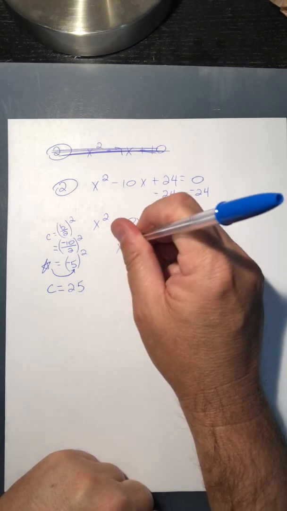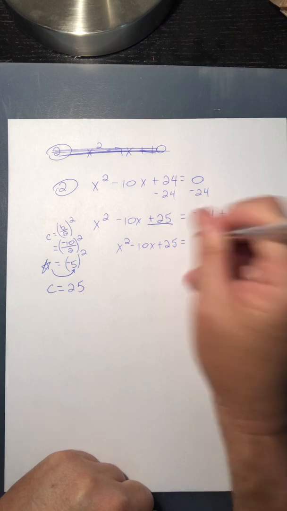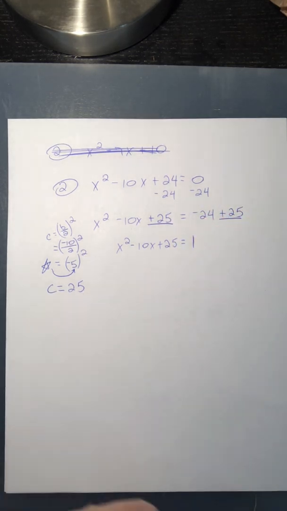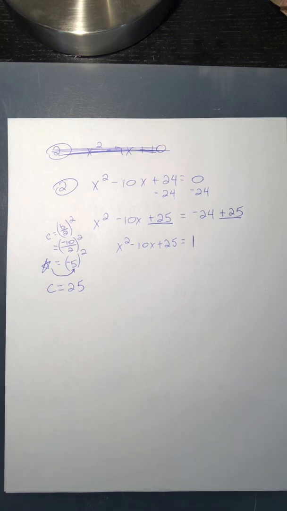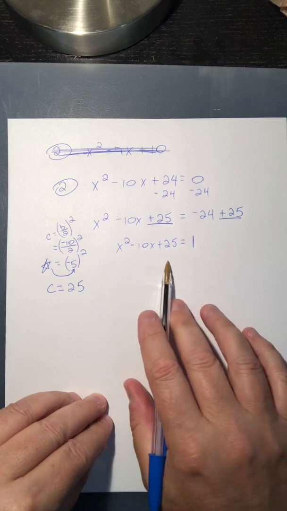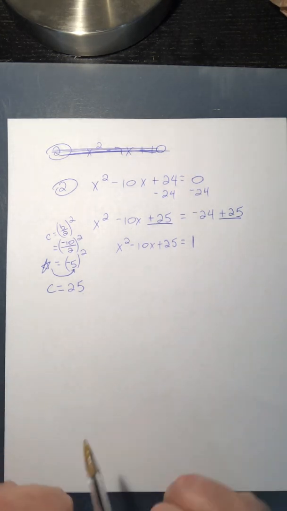So I'm going to rewrite. I've got x squared minus 10x plus 25 equals negative 24, and a positive 25 gives me 1. Okay. Now, if you just like factoring, you can go ahead and factor this. Get your 2 sets of parentheses. But remember on the last one, our 2 sets of parentheses are going to have the exact same thing in it.